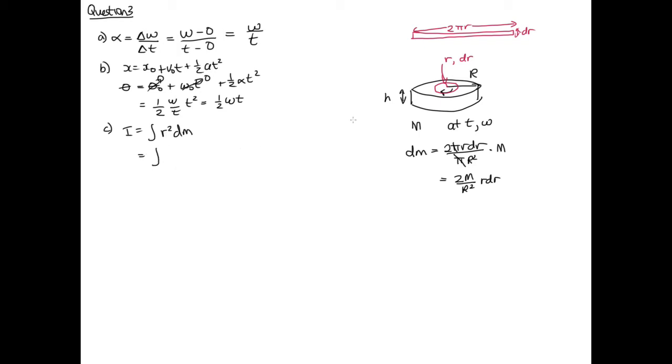When we're doing the integral, we want to go from the center, which is where r equals 0, out to the edge, which is capital R. And we've got 2m over capital R squared, and then we've got r times the r squared dr. So this is equal to 2m on R squared, and then the integral of r cubed dr. And so this is equal to 2m over R squared, and this is r to the 4 on 4.